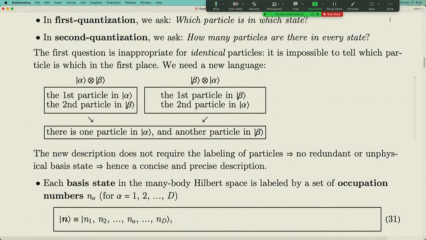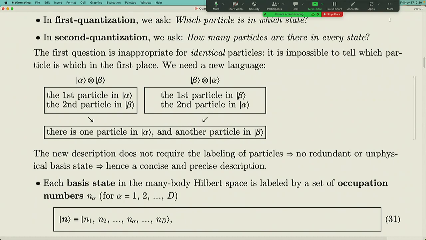For example, if you have a first quantized state like alpha beta, it describes the first particle in alpha, the second particle in beta. But now in the second quantization language, we basically say that this means there's one particle in alpha and there's another particle in beta. So in the alpha single-particle state the occupation number is 1, and in the beta single-particle state the occupation number is also 1. We can just use two ones, one for alpha, one for beta.